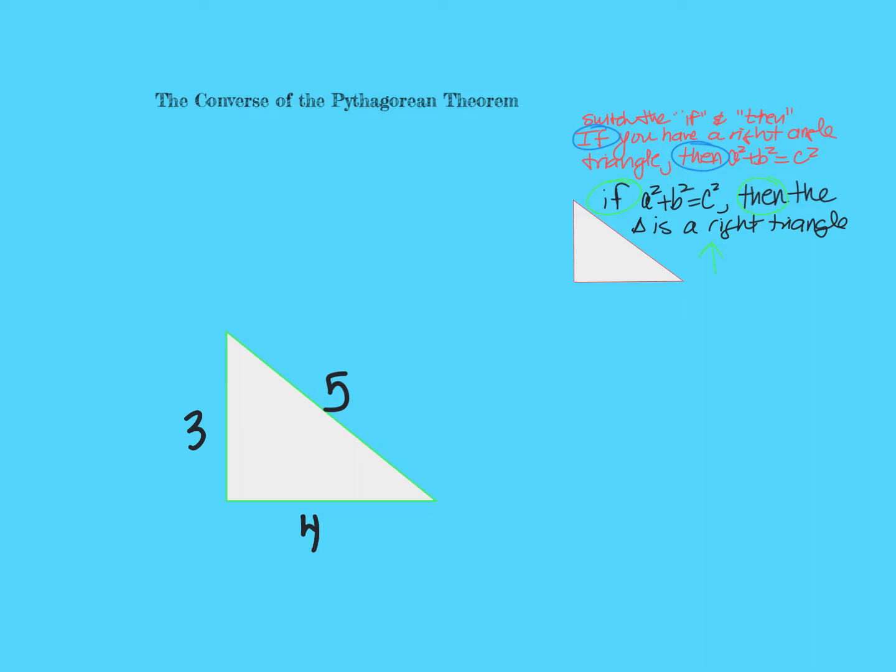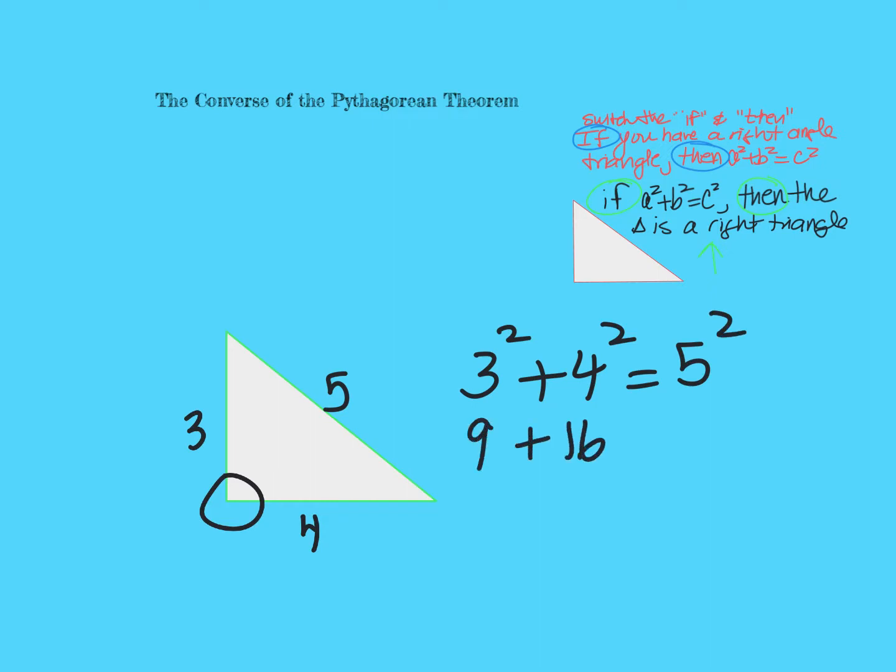You have to prove that this is a right angle. Do you notice I didn't put the right angle there? So let's try that. 3 squared plus 4 squared, does it equal 5 squared? Let's check it out. 9 plus 16, does 9 plus 16 equal 25? Yes. So what we can say, this is a right angle triangle.